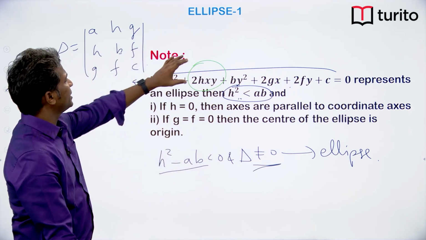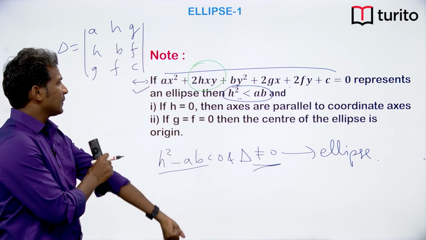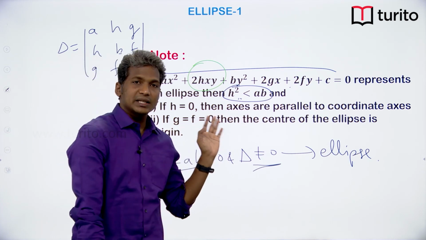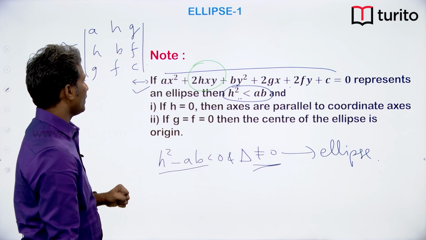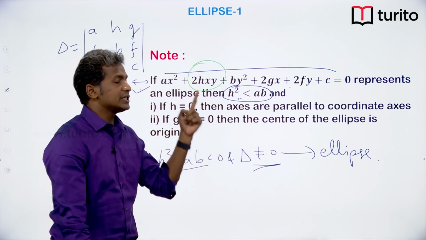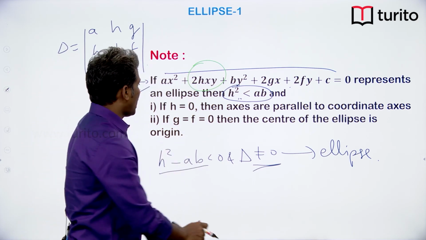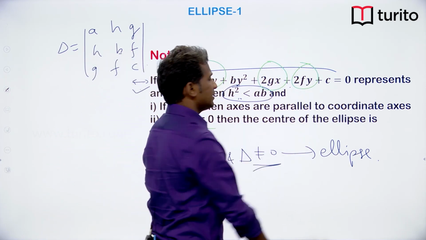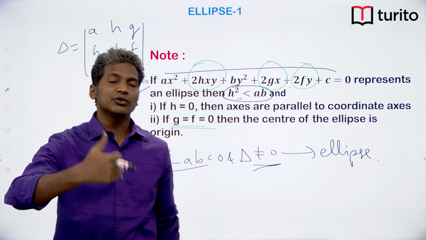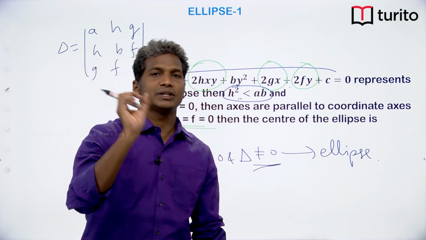If the xy term is absent, then we can say that the axes of the ellipse are parallel to the coordinate axes. Now if it is already representing an ellipse and g and f both are 0, that means these two terms are absent, we can say that the center of the conic is the origin.